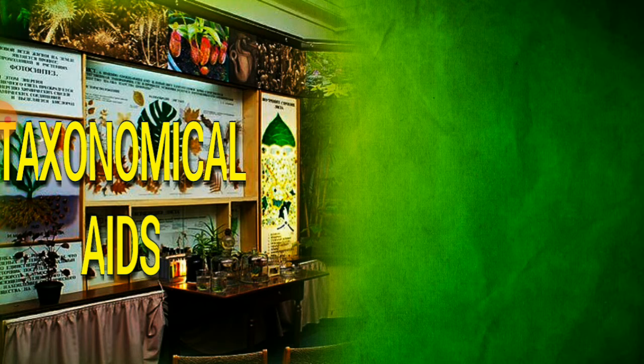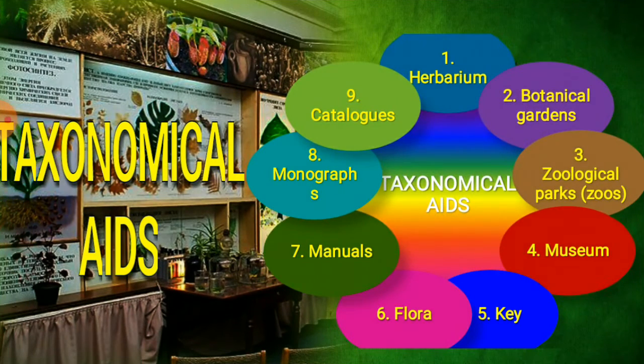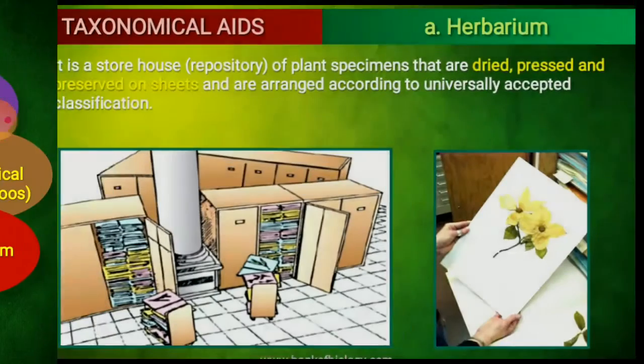In this video, we will see the different types of taxonomic aids which help us to enrich our knowledge. Some important taxonomical aids are herbarium, botanical garden, zoological park, museum, key, flora, manuals, monograph, and catalog. So in this video, one by one, we will discuss the different taxonomical aids.